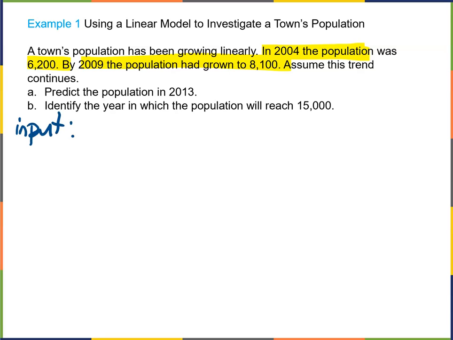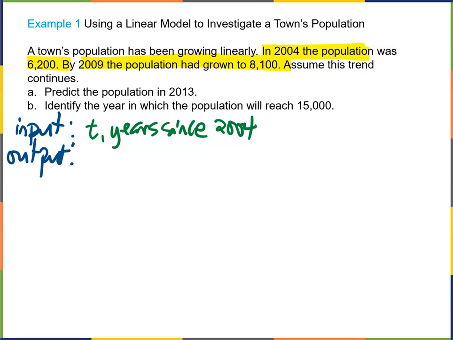For the input, we have the time, because you have 2004 and 2009, so we can use the time t, that is the years since 2004. And then our output, since we want the population size, let's use P of t. That is the town's population.